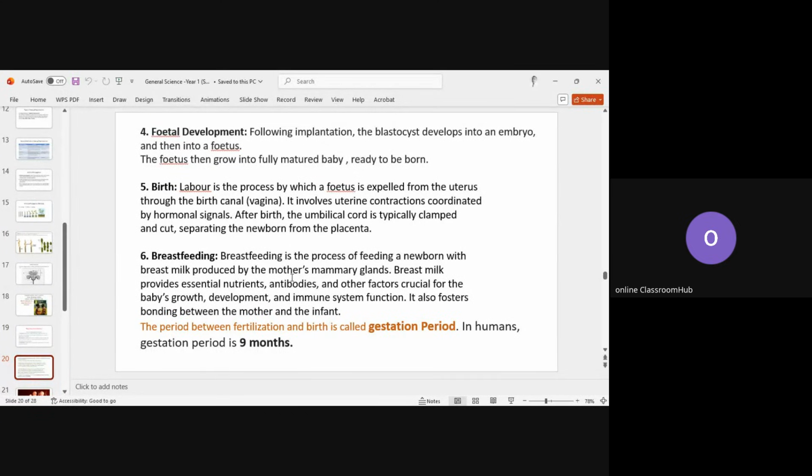All right, then the fourth is the fetal development. That is the development of the embryo. The embryo has to develop after it attaches itself to the lining of the womb.